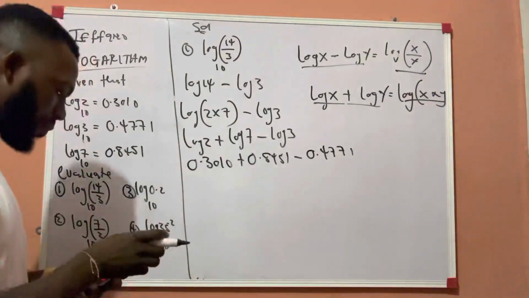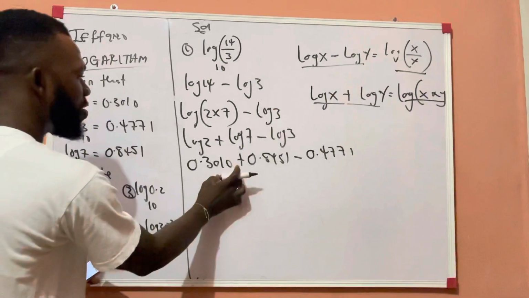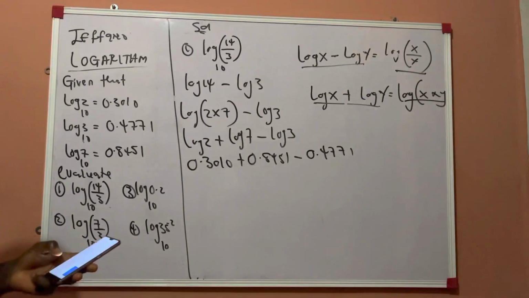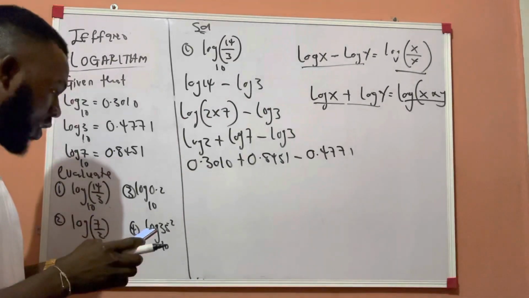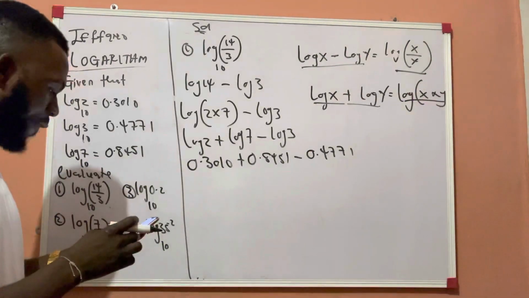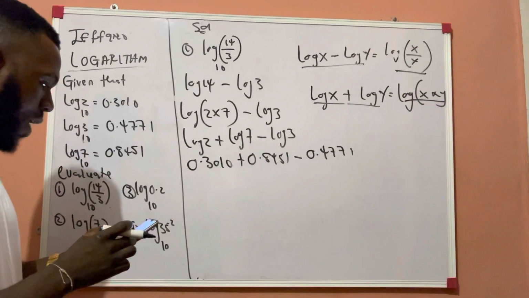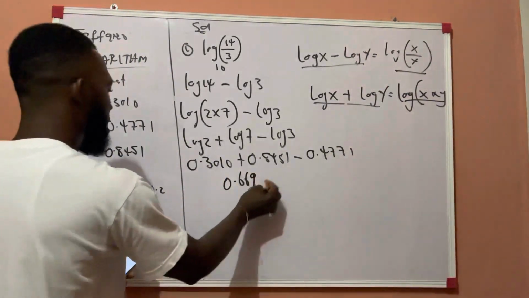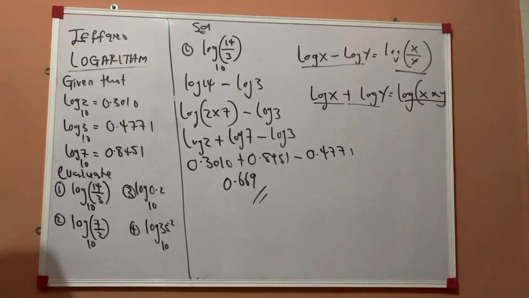Now, if we have 0.3010 plus 0.8451 minus 0.4771, what will be the result? The answer we have is 0.669. So it means when we evaluate this, the answer we are going to get is 0.669.